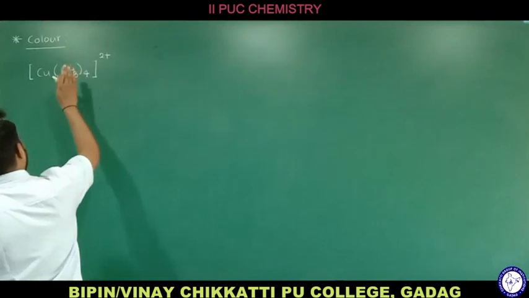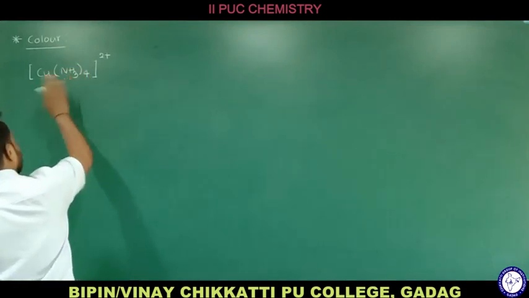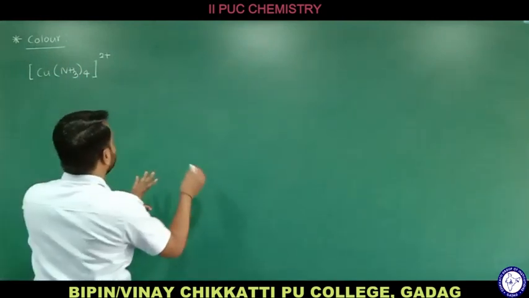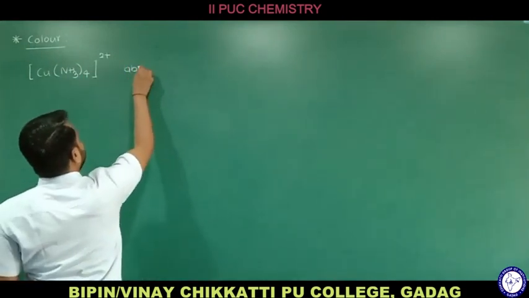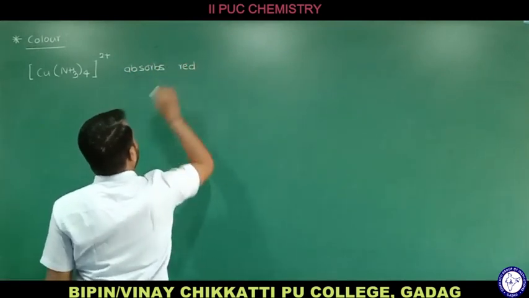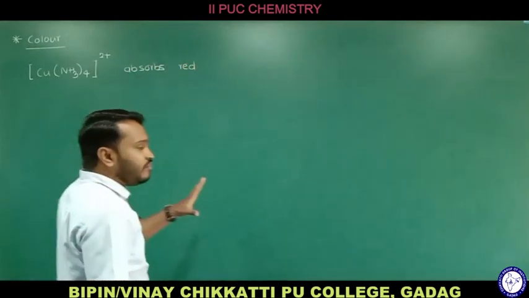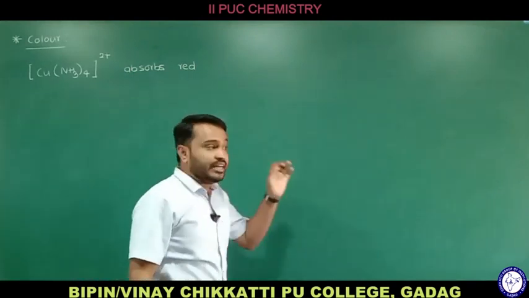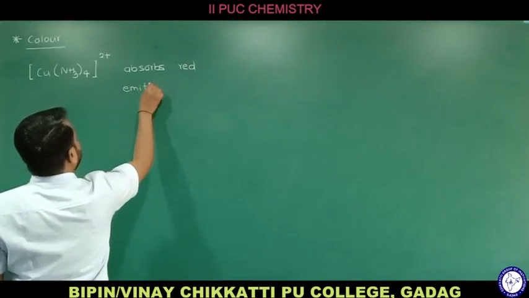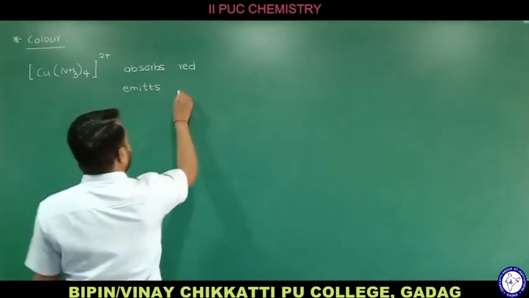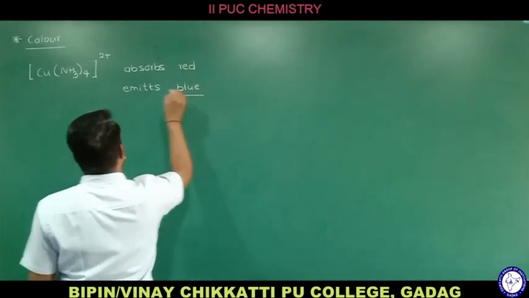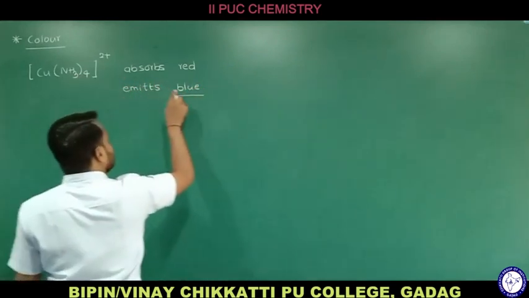If white light is passed into an aqueous solution of this compound and it absorbs the wavelength corresponding to red light, the remaining wavelength is emitted. It emits a wavelength in the region corresponding to blue. Therefore the color of this complex is blue.